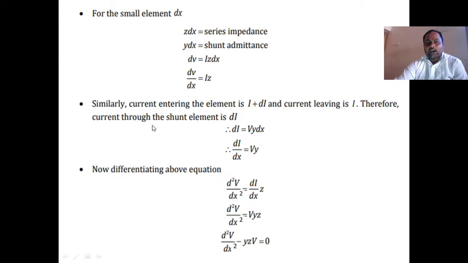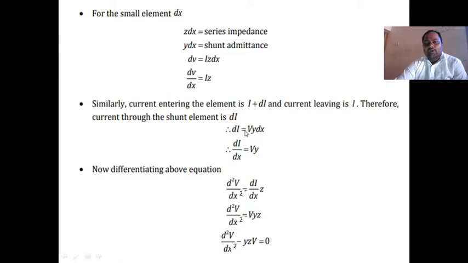Therefore, current through the shunt element is dI. So we calculated voltage dV and we calculate dI. So what about dI? Change in current dI is equal to Vy into dx. So for a particular voltage V, the current is Vy dx.